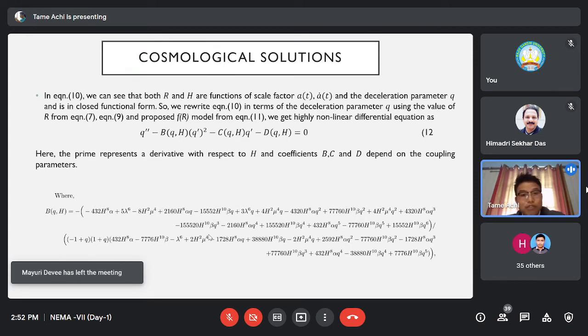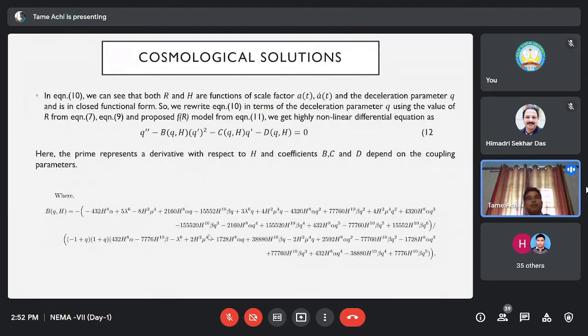In equation number 12, we have coefficients B, C, and D. B, C, and D themselves contain both functions and the variables H and Q. That's why it makes it a highly non-linear differential equation.